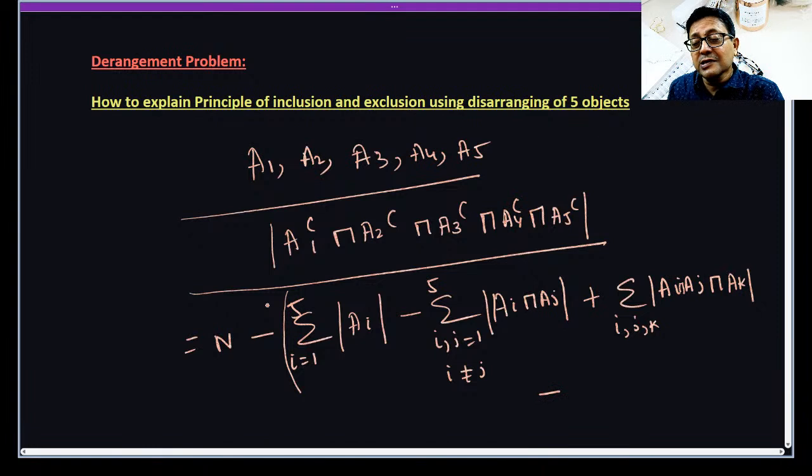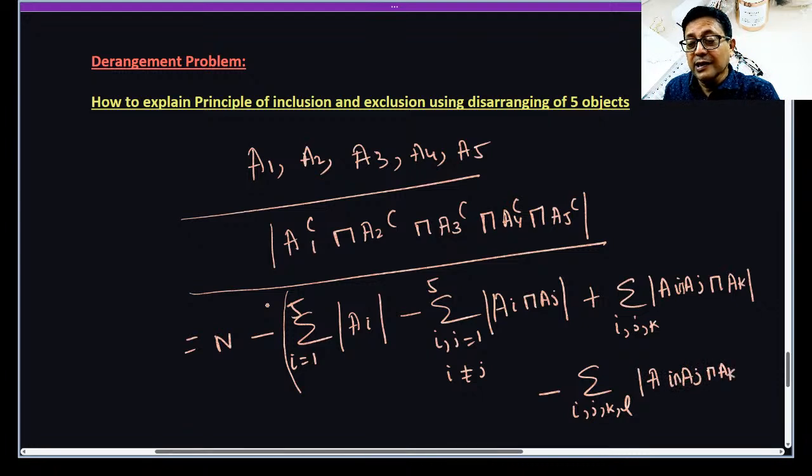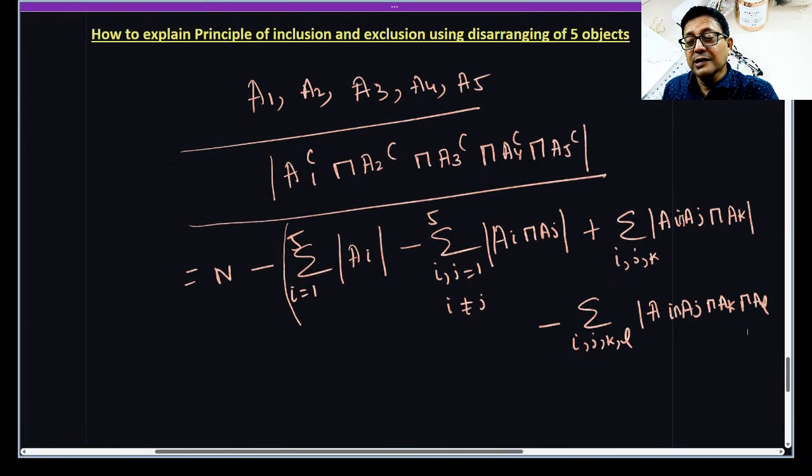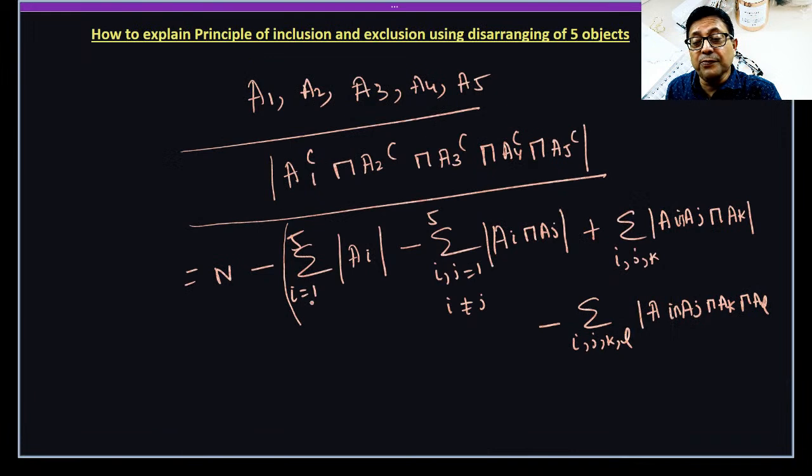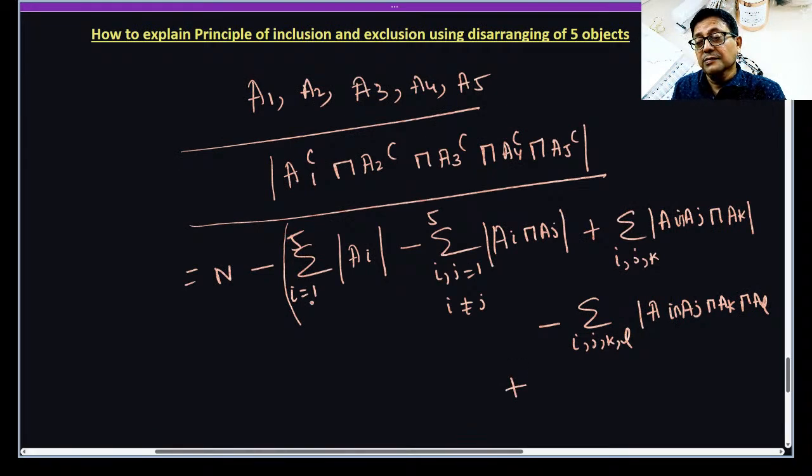Then this minus I, j, k, l, cardinal number of I, j, k, l, and then the last one I am extending for 5, plus sigma I, j, k, l, m, and they are not equal.